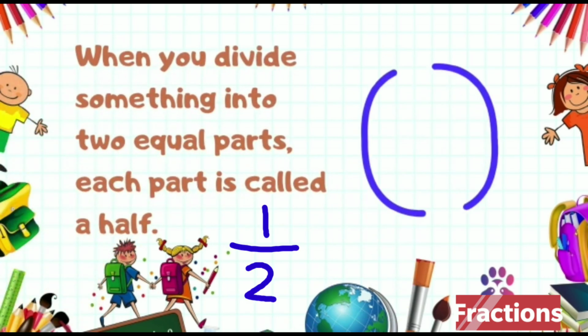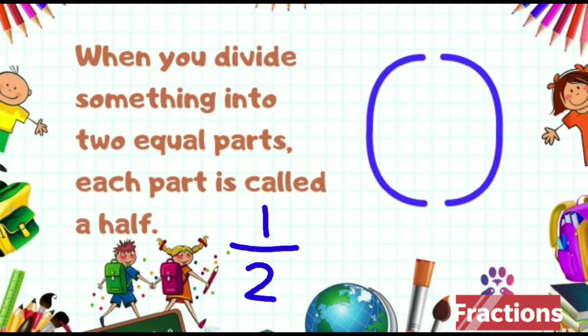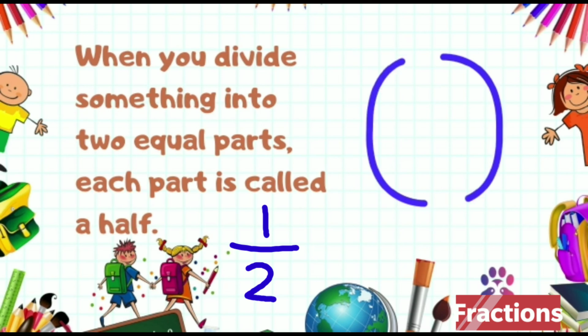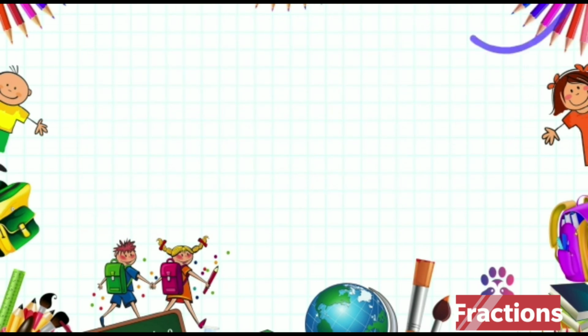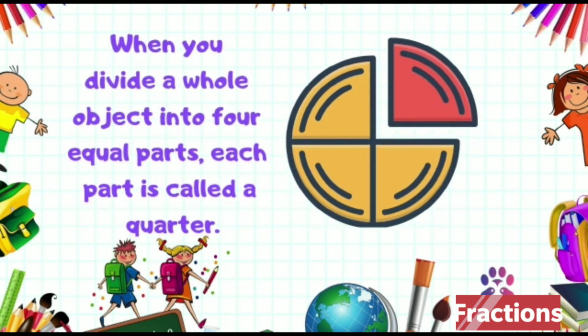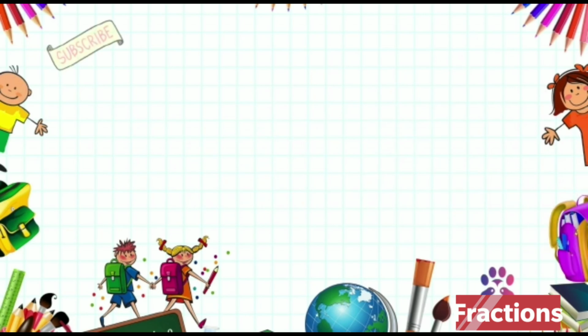And when you divide something into two equal parts, each part is called a half, that is 1/2. Next is, when you divide a whole object into 4 equal parts, each part is called a quarter, 1/4.